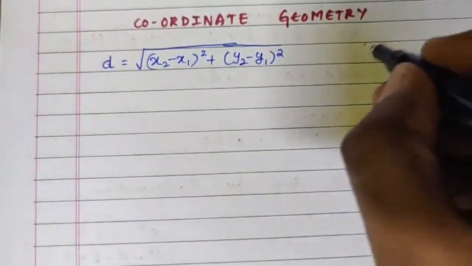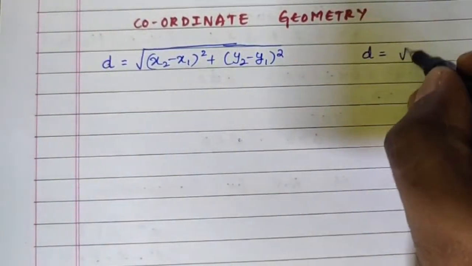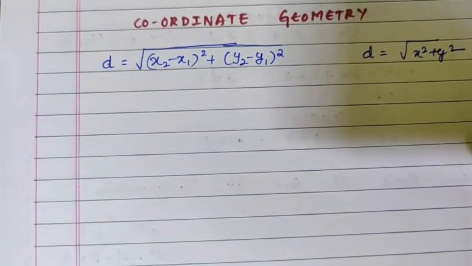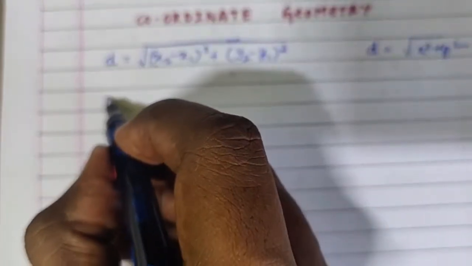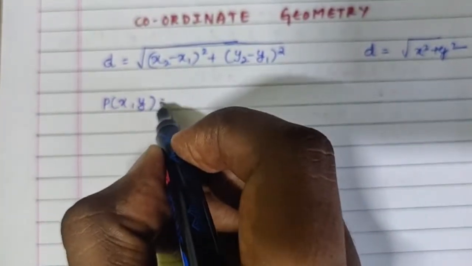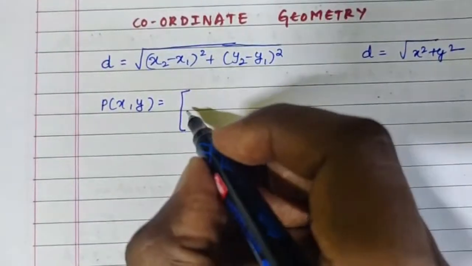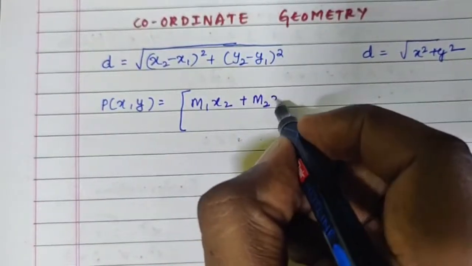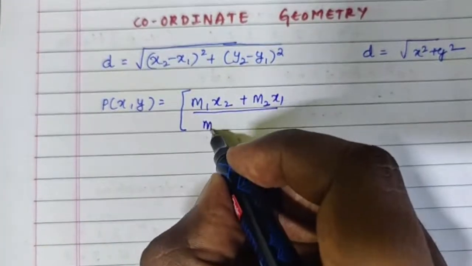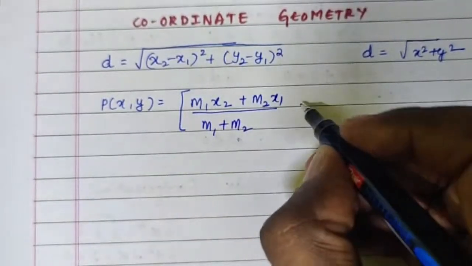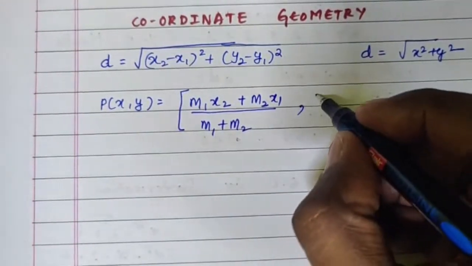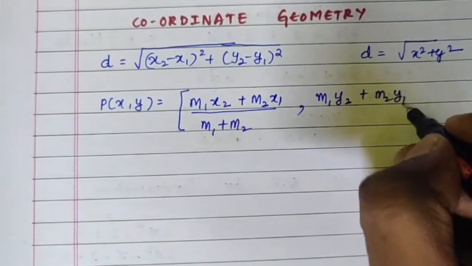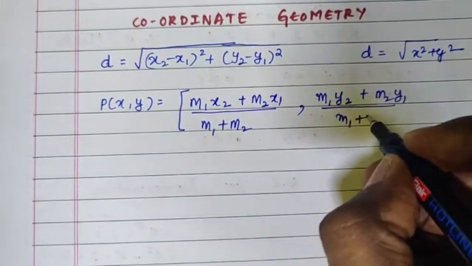And the distance of a point from the origin is given by d equals square root of x square plus y square, for 1 mark. And based on the section formula, P(x, y) equals (m1 x2 plus m2 x1) divided by (m1 plus m2), comma, the y coordinate is (m1 y2 plus m2 y1) divided by (m1 plus m2).